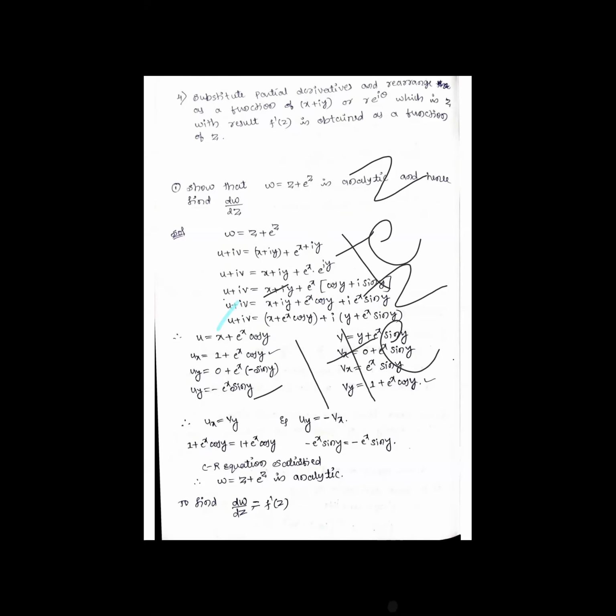But here we have to use the method. Don't write it directly. That is the wrong thing and you won't get the marks. So first, what they asked is to show that it is analytic, hence find the derivative. So when we have to show it is analytic, either it should satisfy f dash of z is equal to limit delta z tends to 0, f of z plus delta z minus f of z divided by delta z, which should exist and be unique.